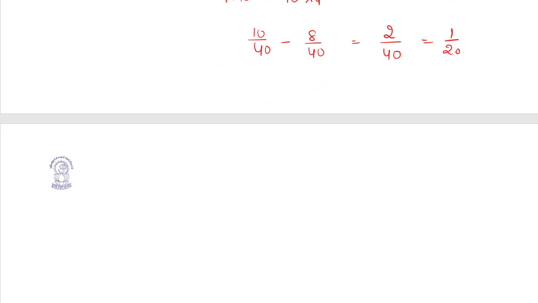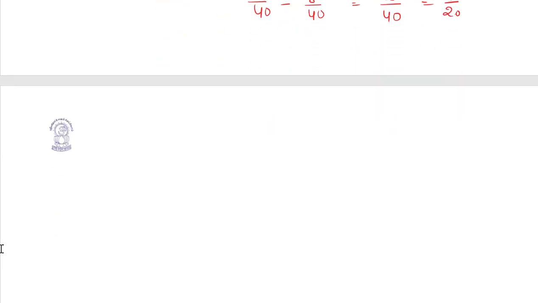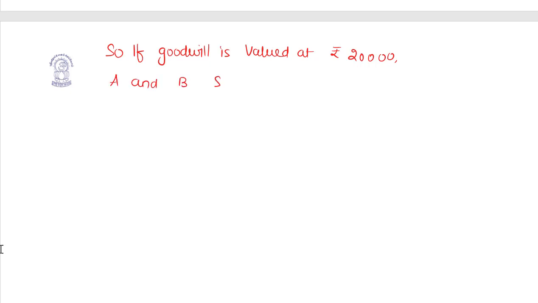So if goodwill is valued at rupee 20,000, A and B should pay rupee 1,000 each.